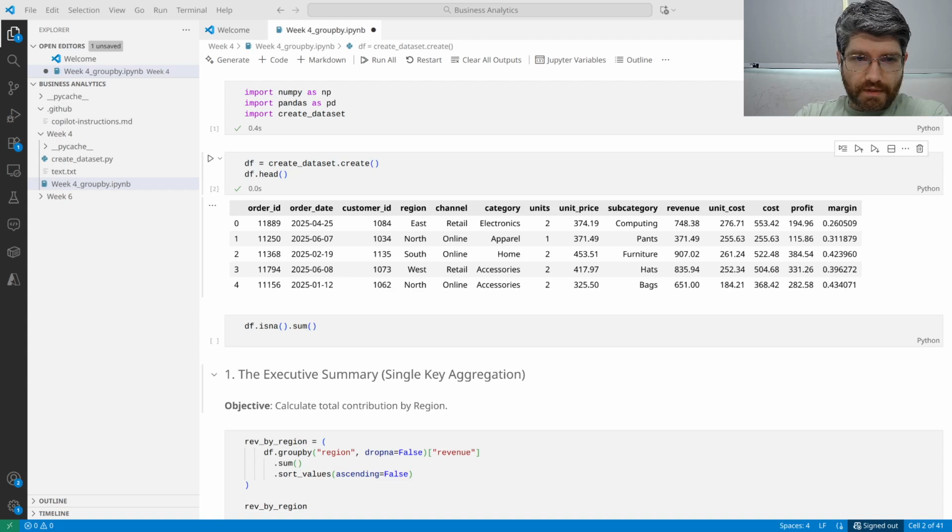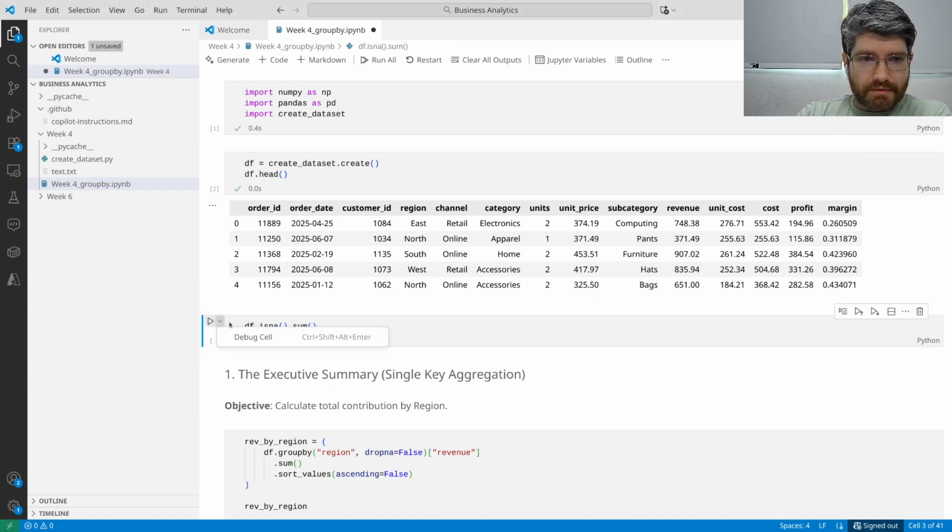When you have a table of line items, but your stakeholders ask for a metric that lives at the order or customer view, if you simply calculate the mean of your revenue column to get the average order value, you're wrong. You have calculated the average price of a single item, not the size of the customer cart. In this session, we will implement precise groupby patterns to ensure you never make this mistake.